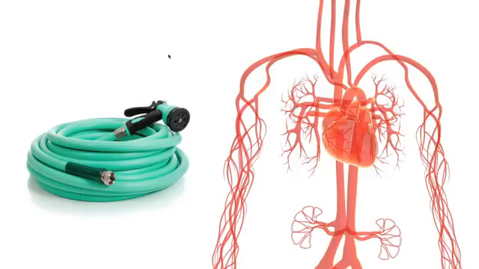When I think about resistance, the first thing I like to think about is a hose. Here we have a garden hose, and you probably know how this functions. You hook it up to something that allows for water to flow, and it goes through this hose and comes out on the other end.